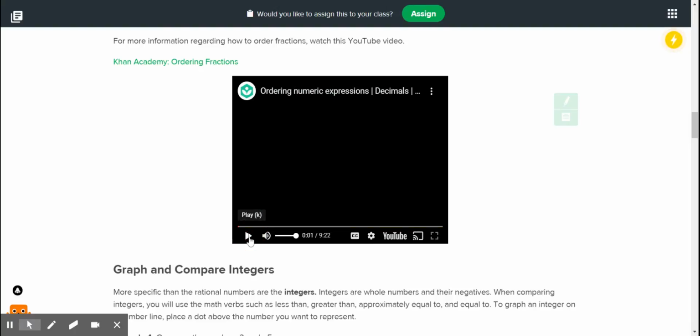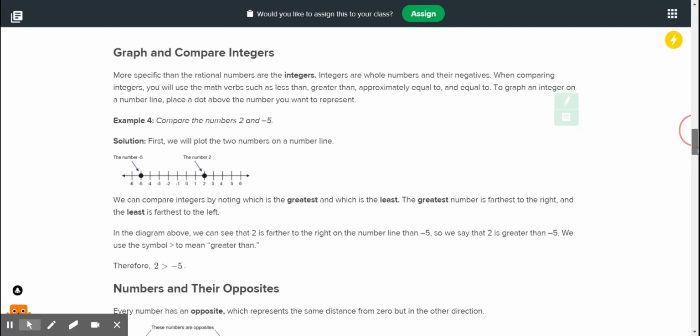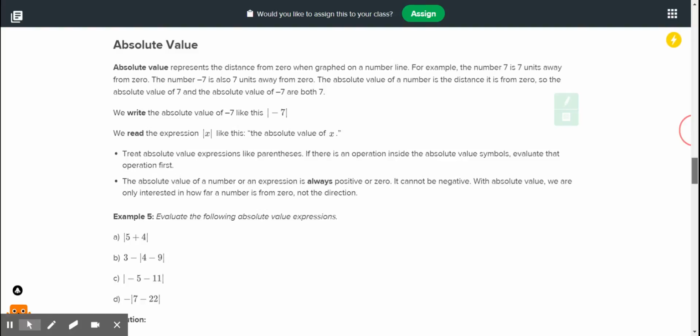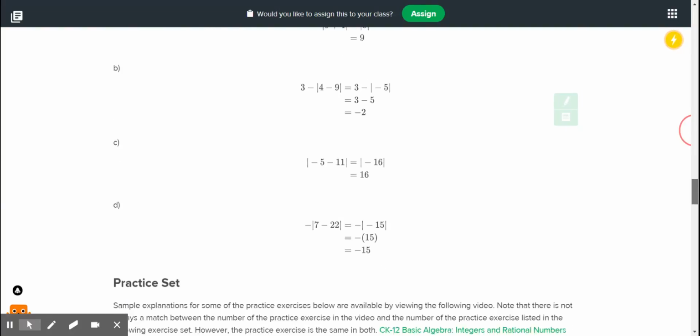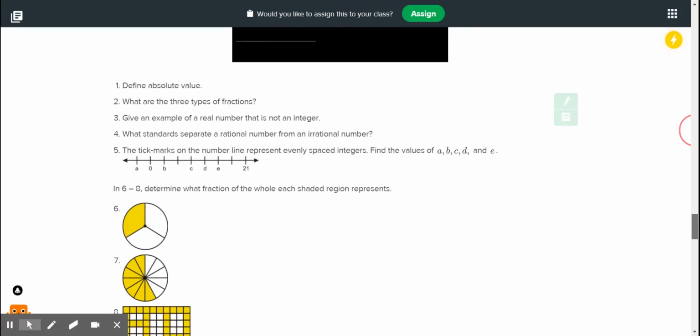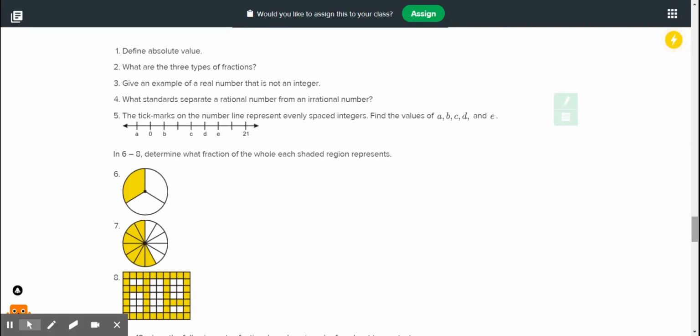All right, welcome. We are going to stop right here, and we're going to page on down. When you click on the CK-12, you are going to page all the way down, and we're going to practice some of this. The problems that I want you to do are found on that CK-12 in the Google Classroom. I want you to answer the following problems.